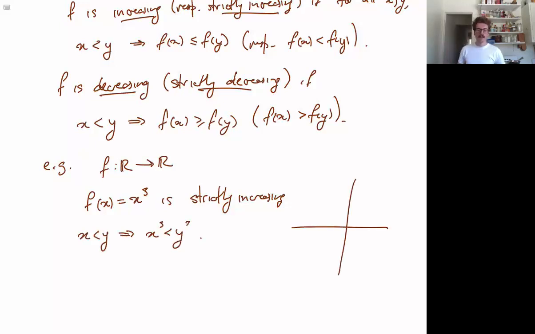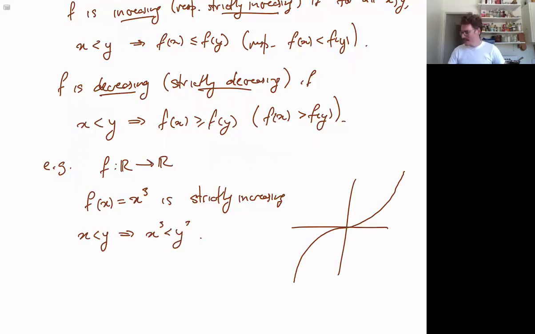And when we're thinking about increasing and decreasing, this is a great thing to try and think about visually. What does the graph of x cubed look like? It looks something like this. Happy with that graph, that's not the worst.